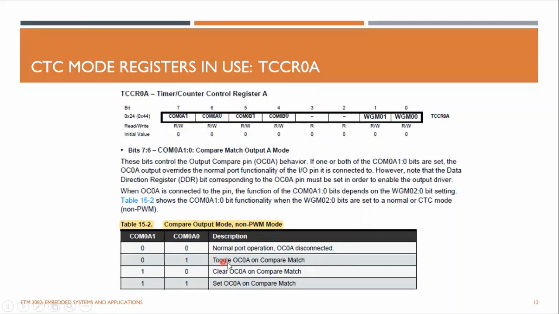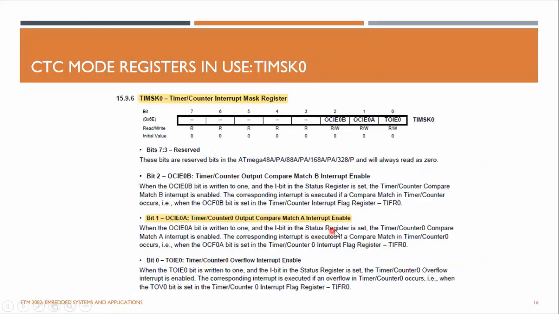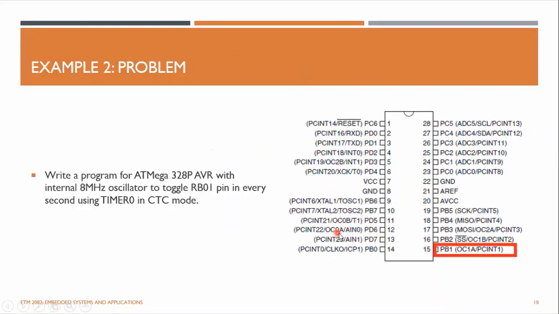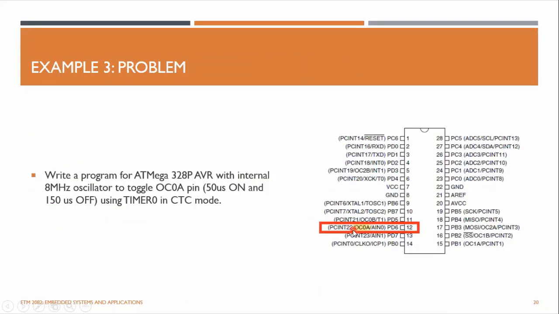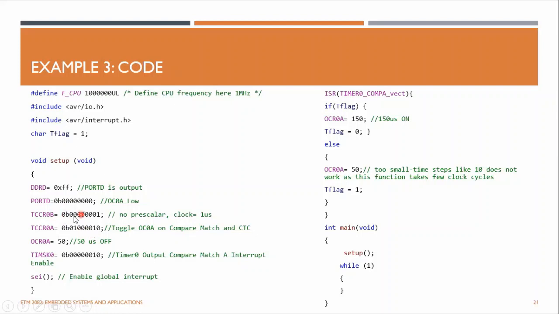If you want to toggle that pin, set toggle OC0A on compare match, you have to set this bit to 0 and this bit to high, right? Then only you can toggle this pin on a compare match, so you have to assign that value.